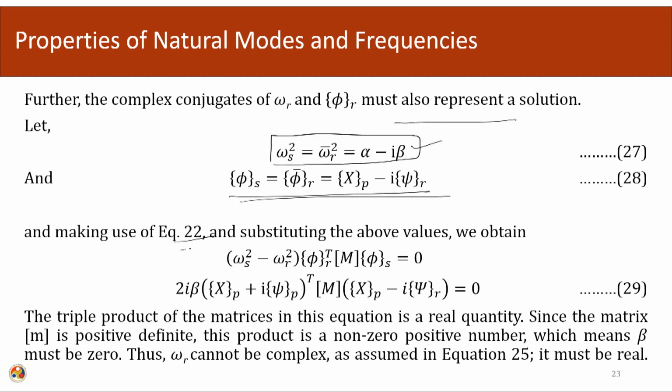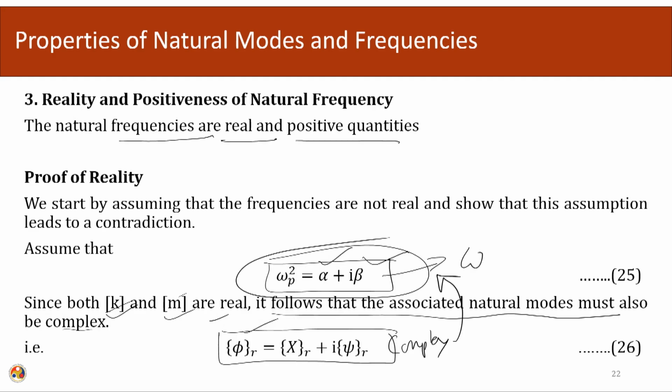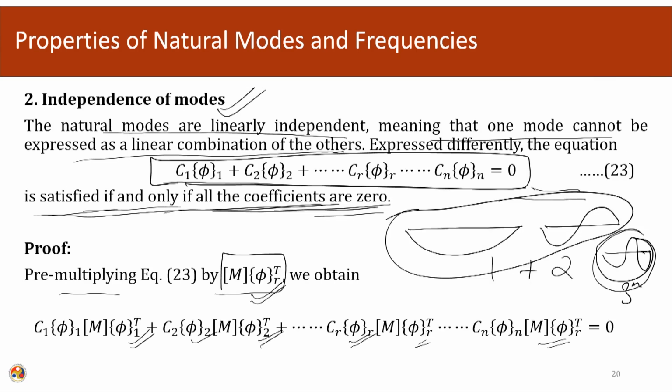Using equation 22, we substitute the above values and obtain this particular formulation, meaning we are using the proof of the orthogonality. Equation 22 was the proof of the orthogonality.